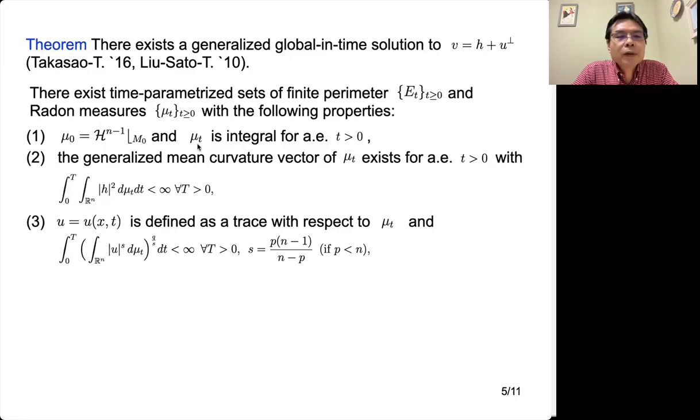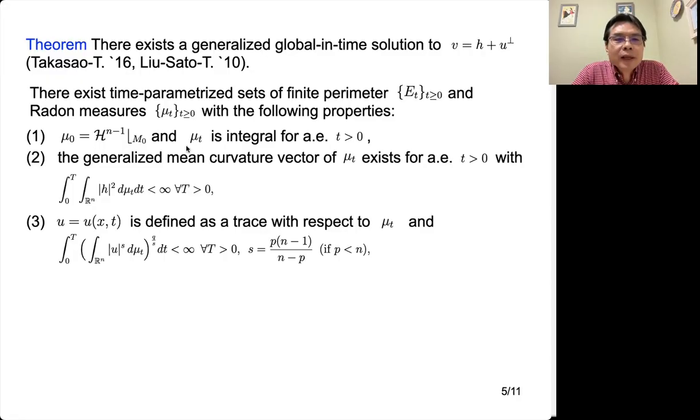But one thing we know is that this mu_t is a so-called integral Radon measure. I didn't write this, but mu_t is in the form of the (n-1)-dimensional Hausdorff measure restricted to some (n-1)-dimensional rectifiable set. Actually, a rectifiable set is more like a C1 surface, but slightly more generalized.